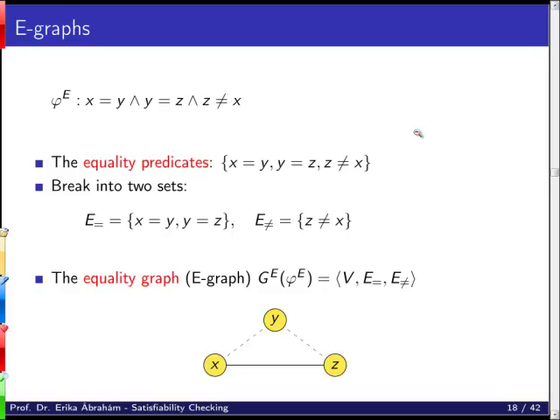We could also have, for example, between x and z, an equality and an inequality, then we would have both lines. So we could also have, for example, this picture. Can you imagine what is the advantage of drawing these graphs for this formula? What does it help us? I would like to check satisfiability of such formulas.